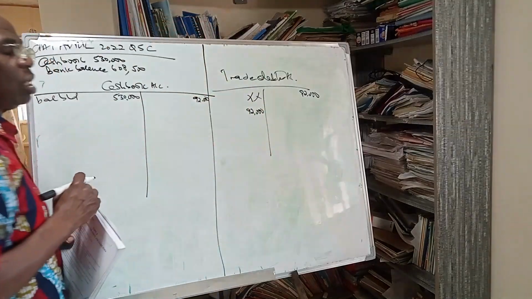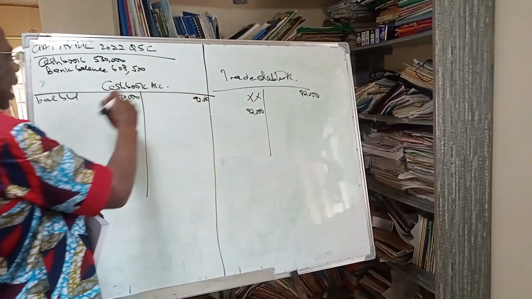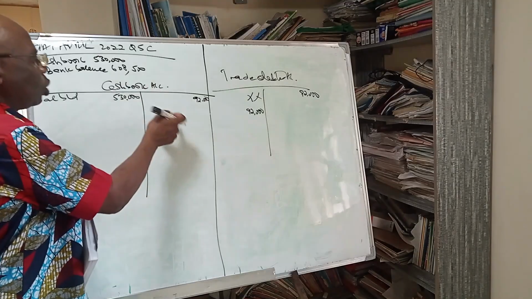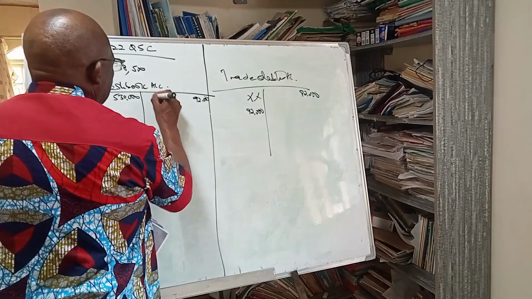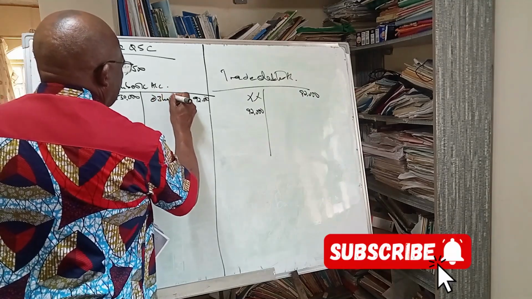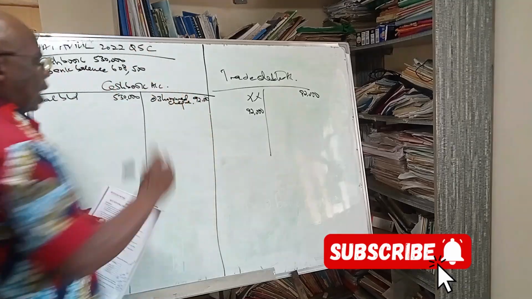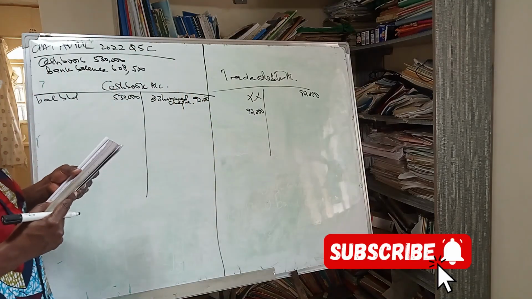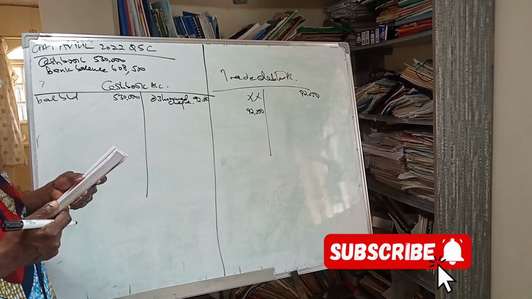But for us now, we reduce our money by 92,000 and say it is a dishonored check.